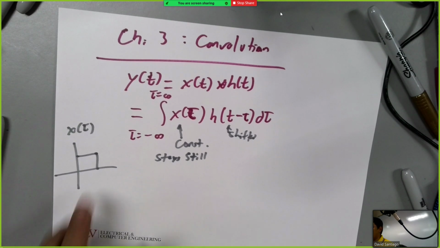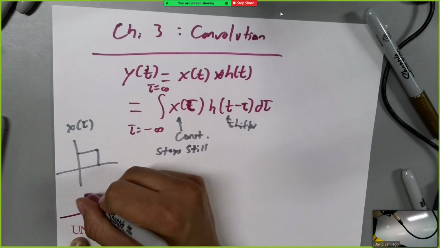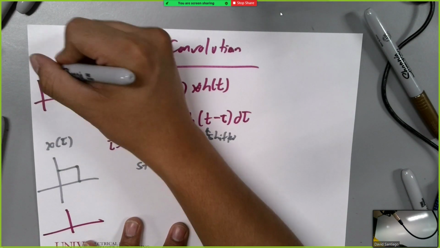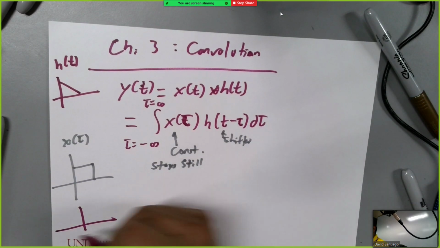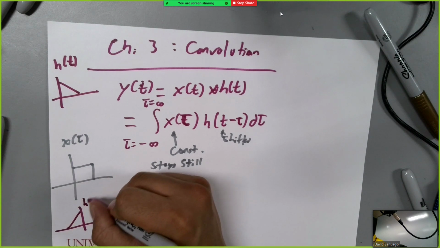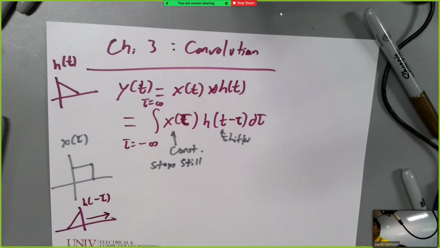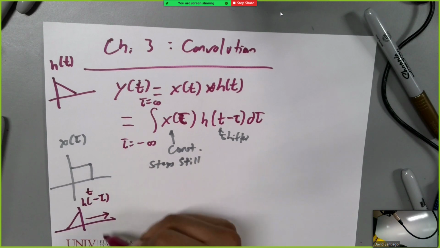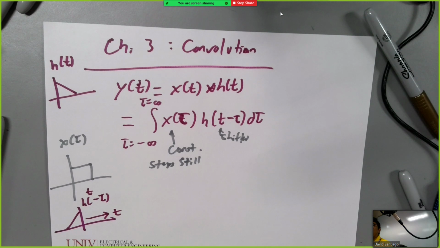The thing that does move is h of t. Let's say h of t looks like this. So what's h of tau? It's going to be h of minus tau, and this is the thing that sweeps. Let's call the sweep t. If t goes this way, then this thing just moves with time. Does that make sense?